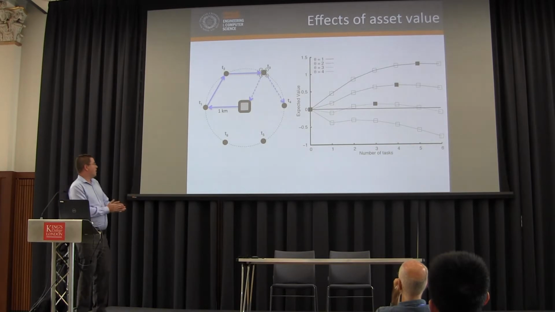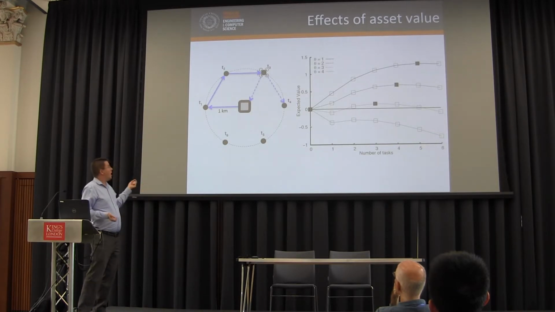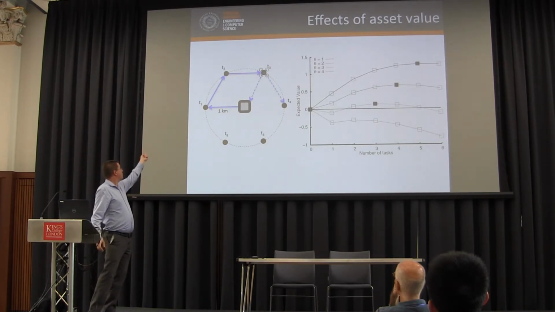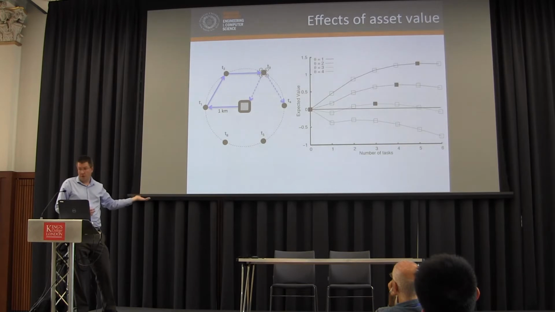So just to show one of the interesting properties of this, consider a unit circle of 1 kilometer. We'll assume that the probability of failure over this 1 kilometer distance is 5%. And so the question is, a UAV will go out and collect on tasks in sequence, and when should it come home?